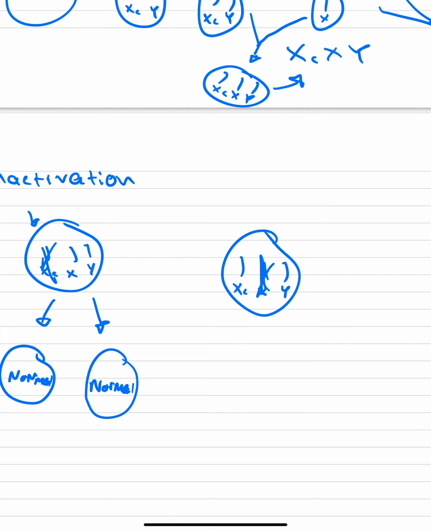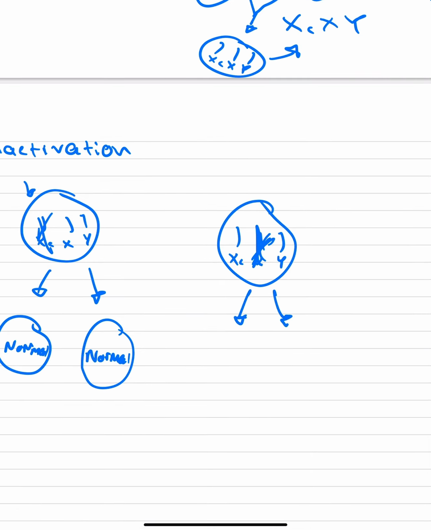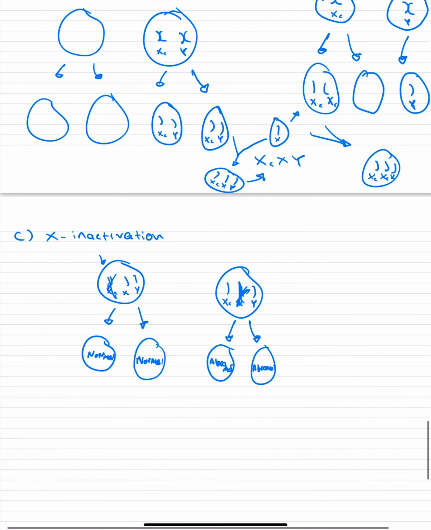And recall, X inactivation occurs randomly between X chromosomes. So this X chromosome is randomly going to be turned off. So all the cells that are produced from this cell via mitosis are going to have abnormal skin. It's too small for me to write it. You guys get the memo? Yeah, so that is X inactivation.